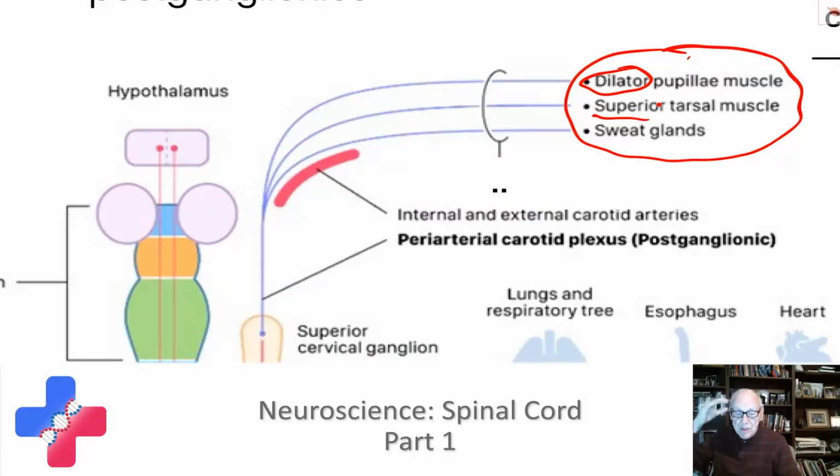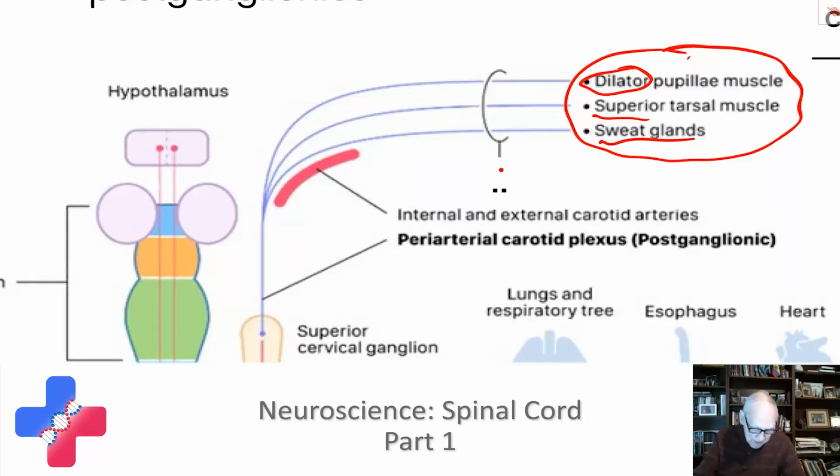That's a volitional oculomotor skeletal muscle function. But once the eyelids are elevated, you don't have to think consciously all day long, I've got to keep my eyes open. That smooth muscle sympathetic tone kicks in and keeps them elevated. And then, of course, there are sweat glands in your face.